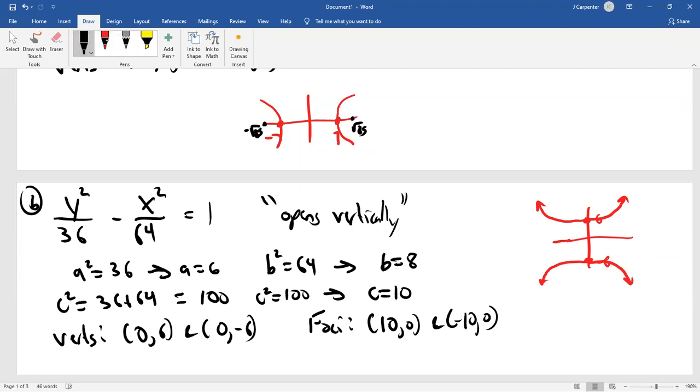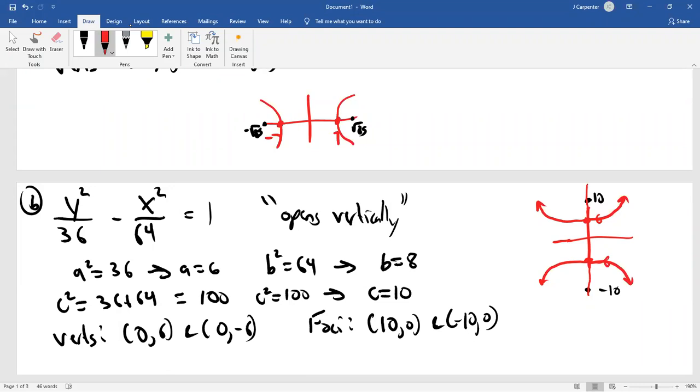And then your foci are here at 10 and -10. So again, I was not asked to sketch, and this is not a super accurate sketch. In fact, the way that I'm bending on these is technically incorrect. I'm bending a little too much, believe it or not.